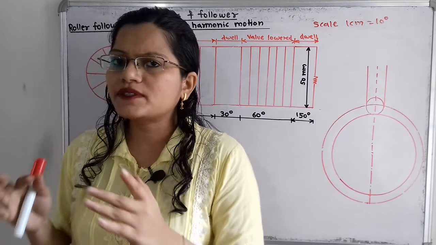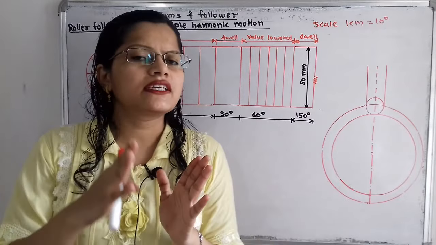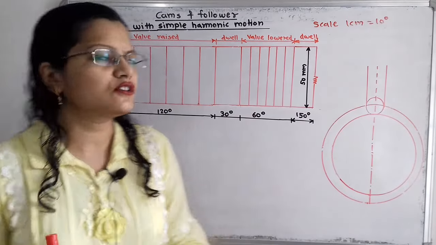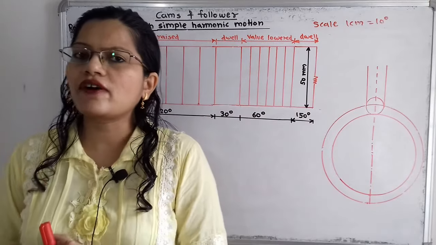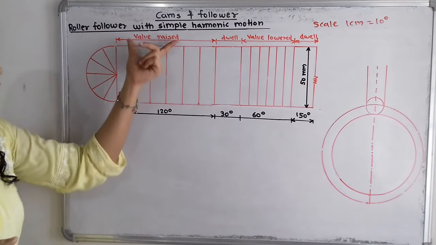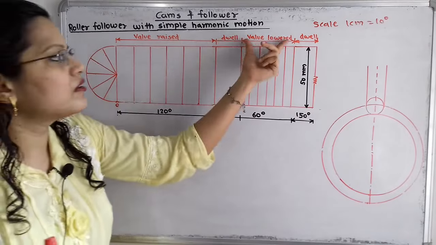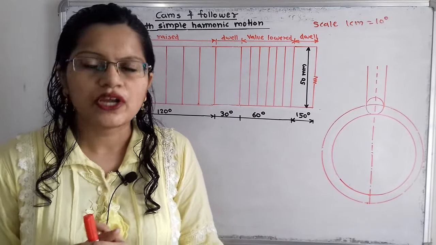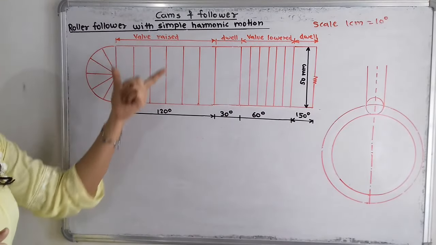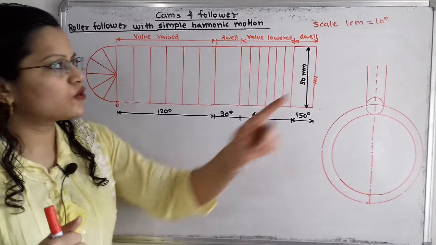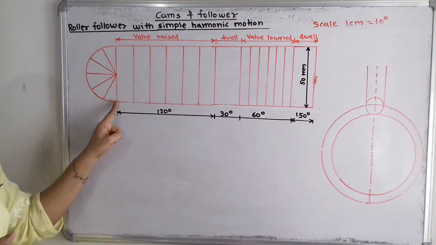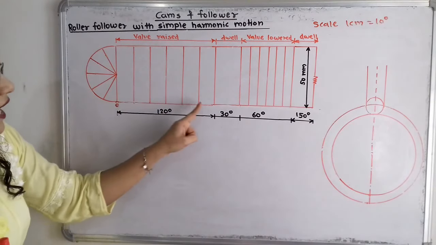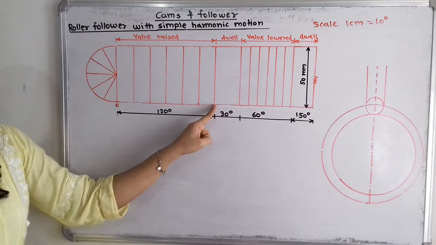If we observe the given question, instead of outstroke and return stroke, the words wall raised and wall lowered are used. So wall raised means outstroke and wall lowered means return stroke. The outstroke or wall raise is given 120 degrees. As per this scale, we have to take from the starting line 12 centimeter distance.